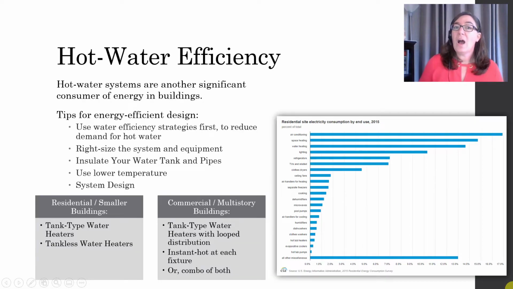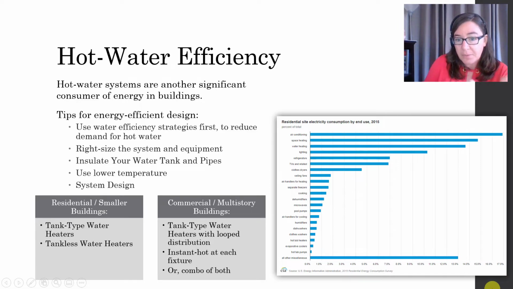Moving on to hot water efficiency. Wait, I thought we were talking about energy. Why are we talking about hot water? Well, it turns out that hot water systems are a significant consumer of energy in buildings. That is, we spend a lot of energy heating up our water. How much? Take a look at this chart, and this is specifically for residential work.